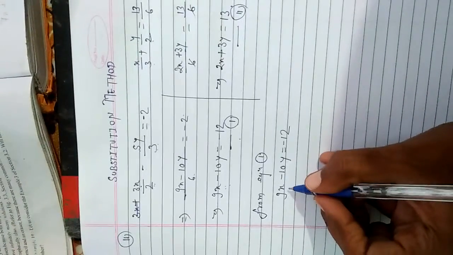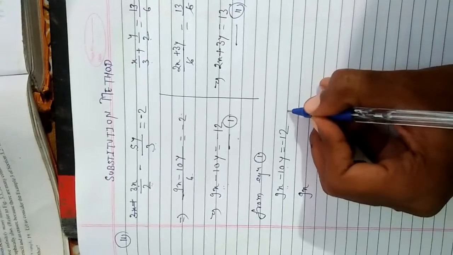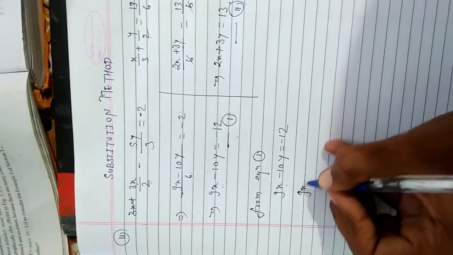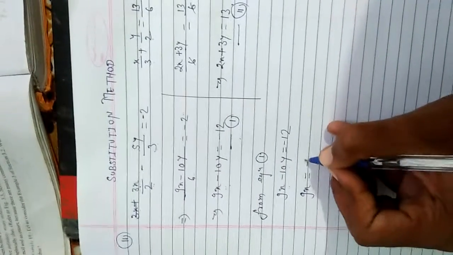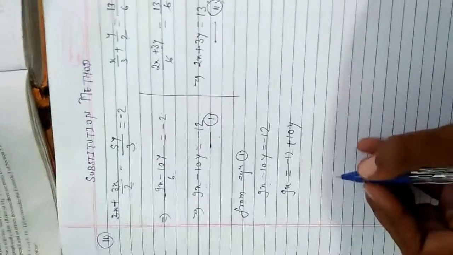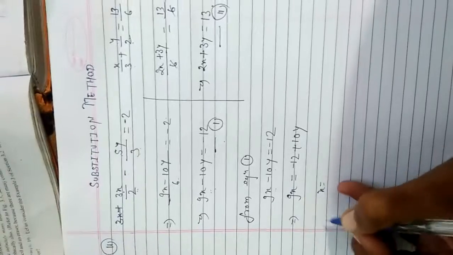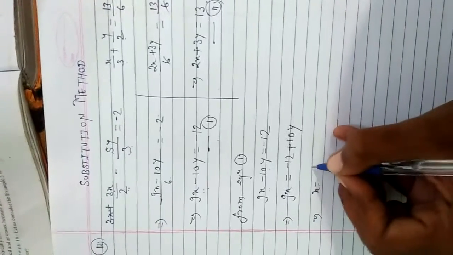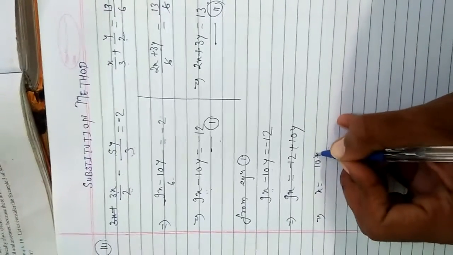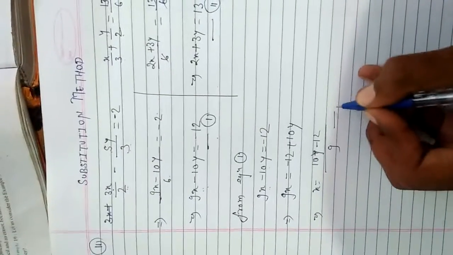We take the y terms to the right-hand side, so we will get 9x equals minus 12 plus 10y, and here we can say x equals 10y minus 12 divided by 9. Let's say this is our equation number 3.